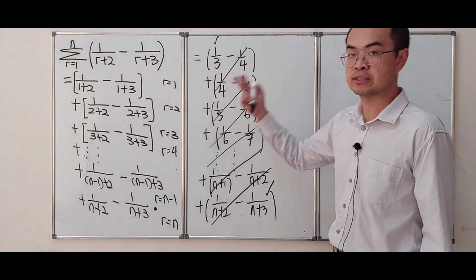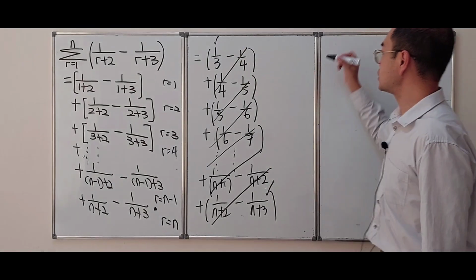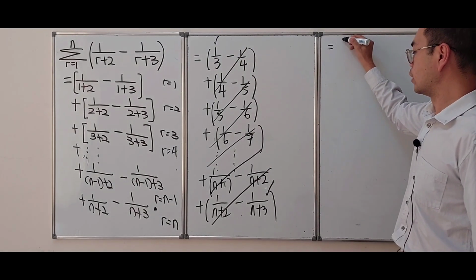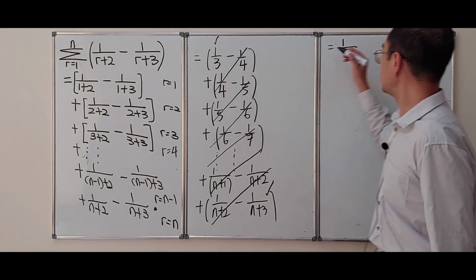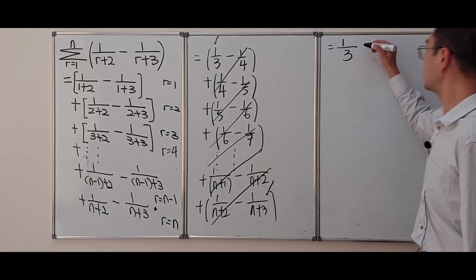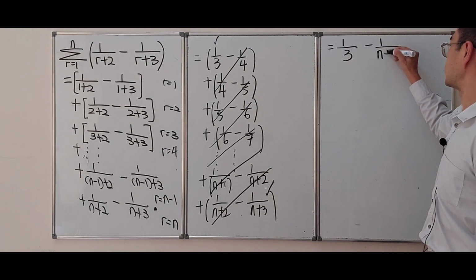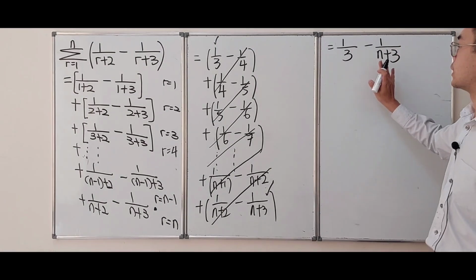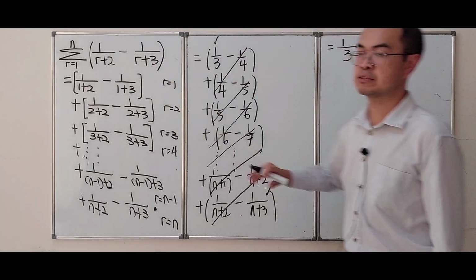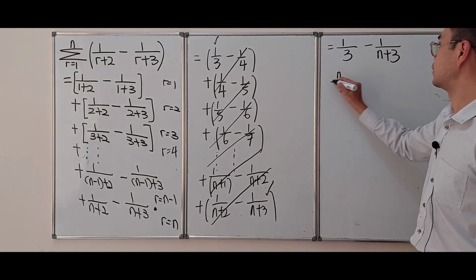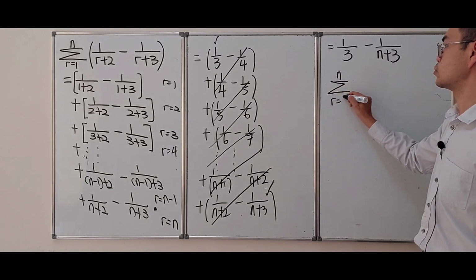At last, you are left with 2 terms, which is 1 over 3 minus 1 over n plus 3. This will be the sum of this series, the summation from r equals 1 to n.